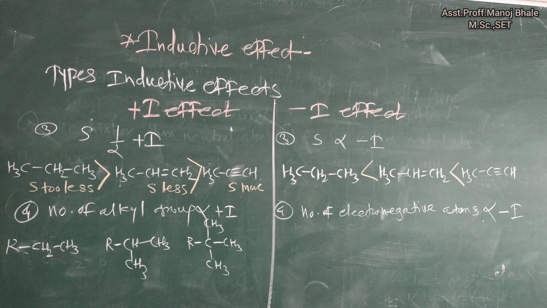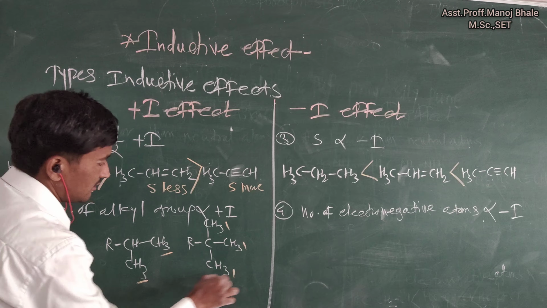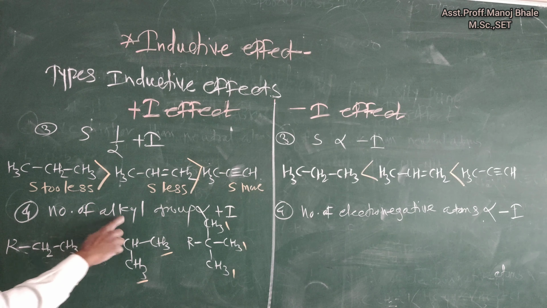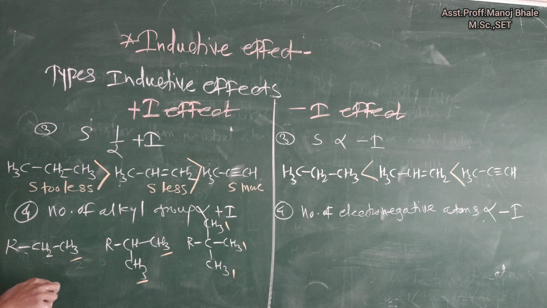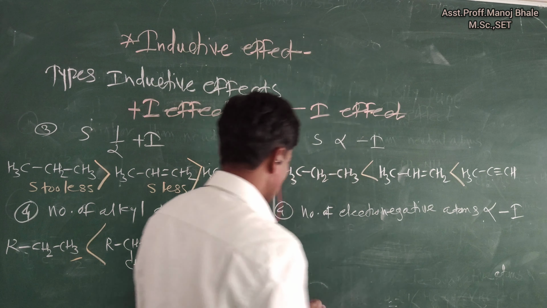So all these examples have one, two and three alkyl groups. As the number of alkyl groups increases, the plus effect increases. So the third has a greater plus effect as compared to the second and the first. The same applies in the case of the minus effect.